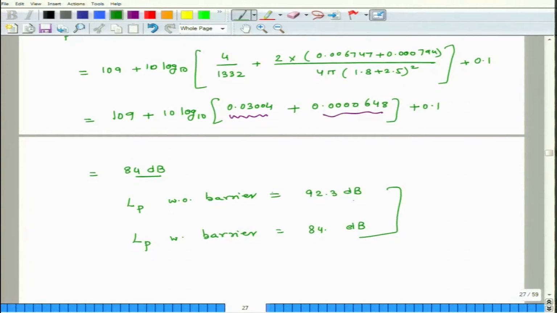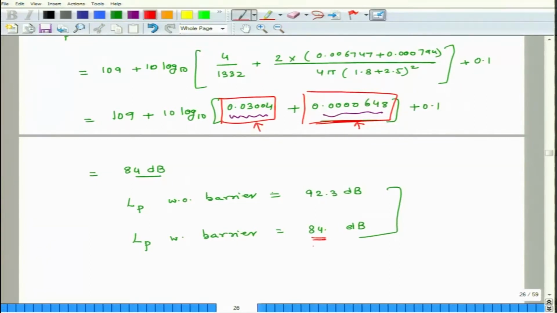And most of this reduction has come because of reduction in the direct field term. Now, if I reduce this term even further, this 84 decibel will not go down significantly, because it is already pretty close to 0, but the barrier will not do such a great job in reducing the reverberant term.